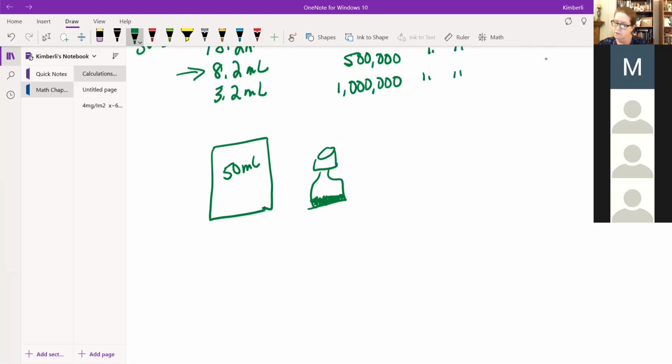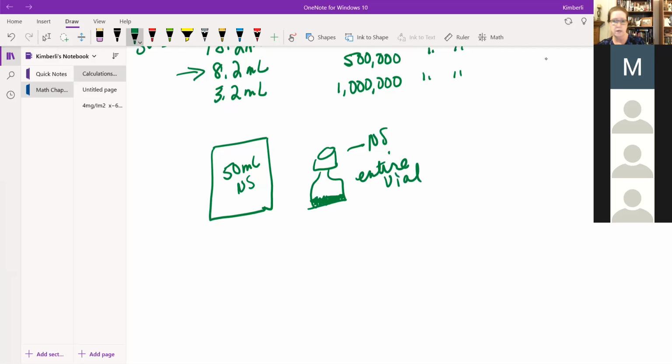Let's say I can reconstitute this with normal saline. I can take out 5 or 10 milliliters as long as it will fit in here, reconstitute it, and shoot the whole thing back if I want the entire drug, right?